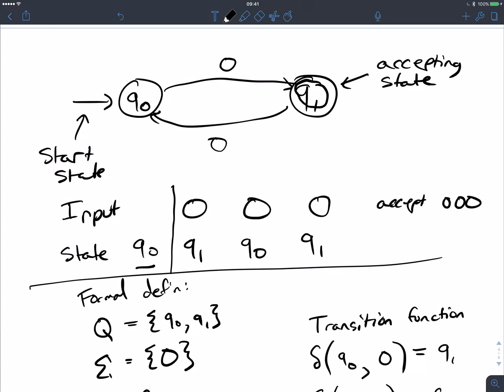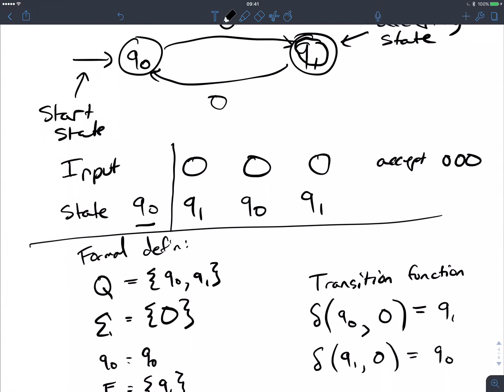Okay? So we have 3 characters in this input here. How many states did I visit? 4. But you say, no, there are only 2 states. Can I visit a state more than once? Will you let me? Okay, so how many states did I actually visit? 4, because we started at 1 right at the beginning.